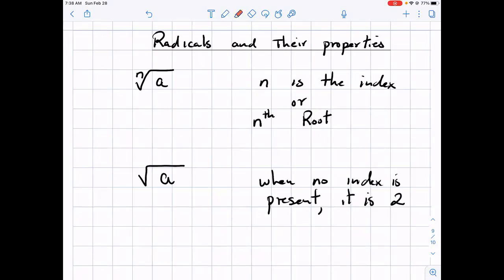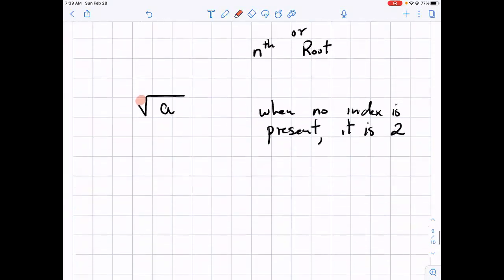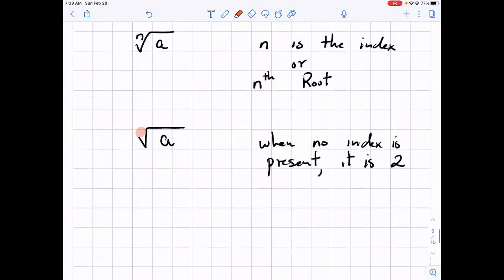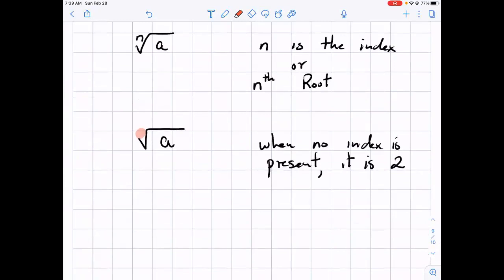So it means in here, you have an index of 2. It's understood that you have an index of 2. And when I did my video on complex numbers, you saw that if the index is even, the radicand, A is called the radicand, cannot be negative.